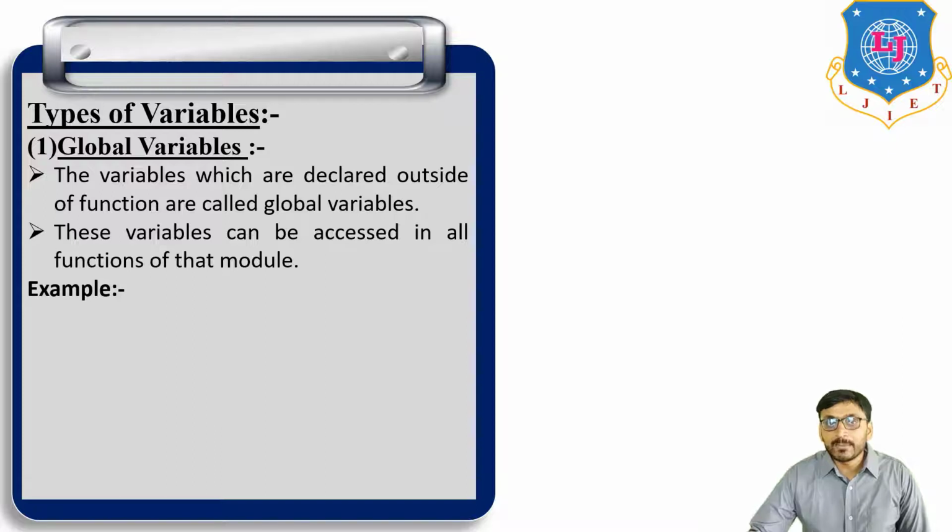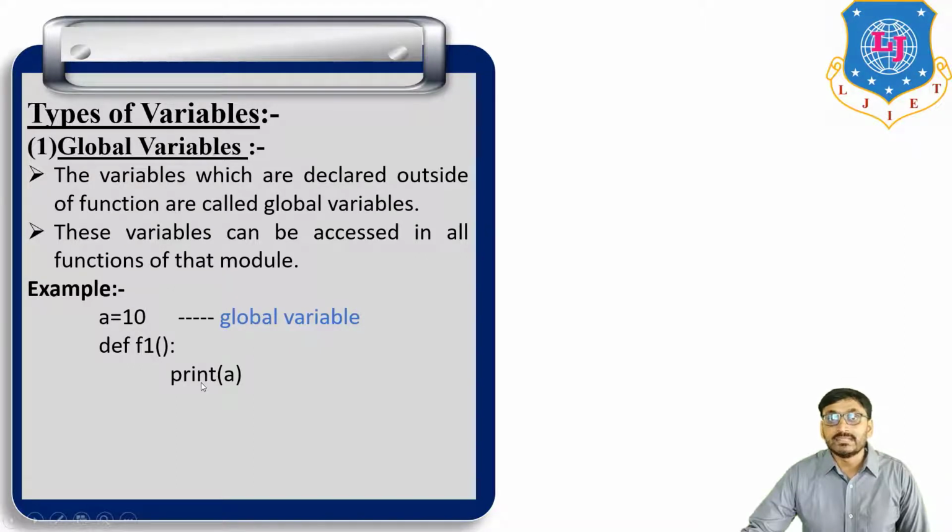Now, an example of a global variable. For example, a is equal to 10, then def f1, then parentheses. This def is the keyword which is used to represent a function, then f1 is the function name, and parentheses. Now this a is equal to 10 is declared outside the function, so it is a global variable.